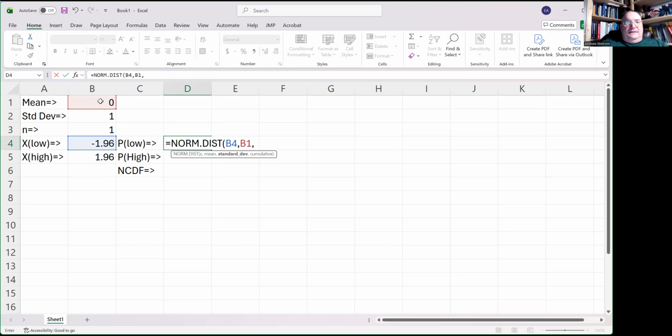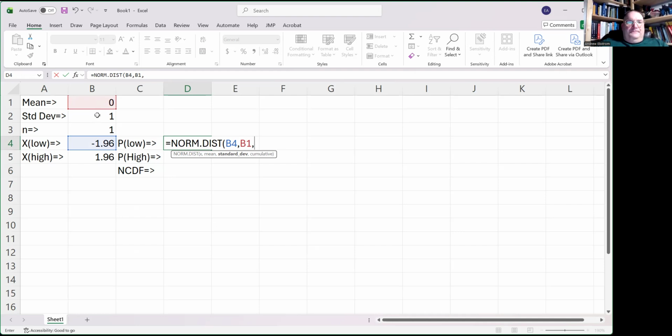Now, for the standard deviation, the thing that we have to keep in mind here is that it's going to be the standard deviation divided by the square root of n. So this is going to be a little bit more involved than we wanted before. So how do we do that?